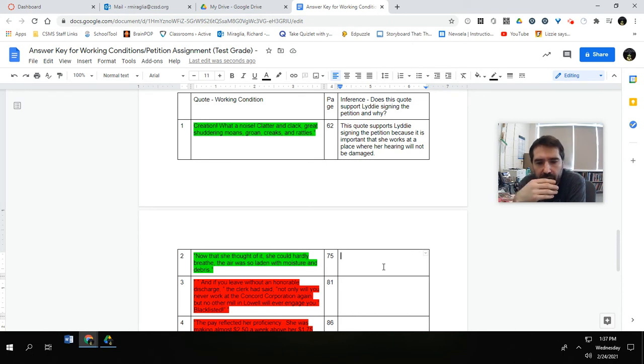Okay, so even though the second one is about air pollution, I'm going to approach it a little differently so you can see how this works for inferences.